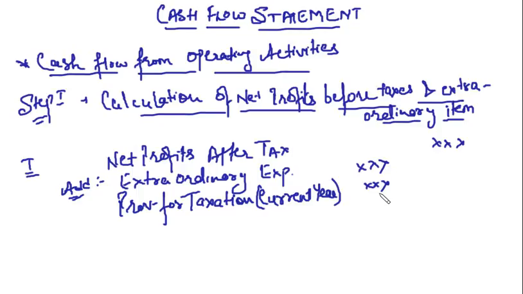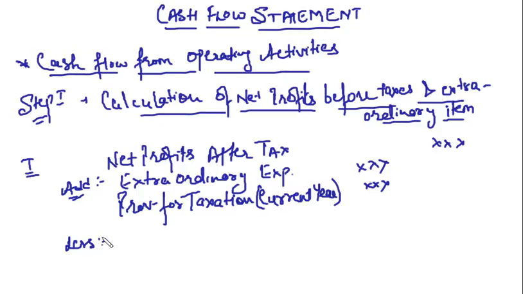You might spend tomorrow, and that will involve the actual cash outflow. But today you are only creating a provision in your mind. So that is not your cash outflow or cash inflow. Clear?